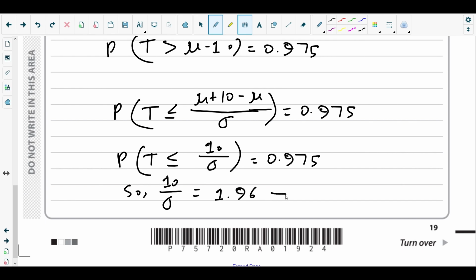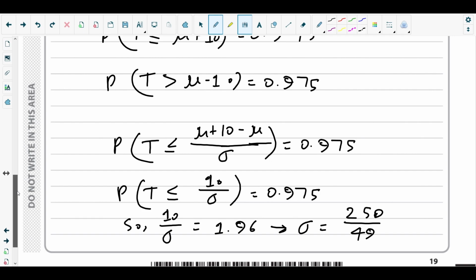So what would be the value for sigma? Sigma would be 10 over 1.96, and that would give you 250 over 49. So we got the value for sigma, not mu, right?